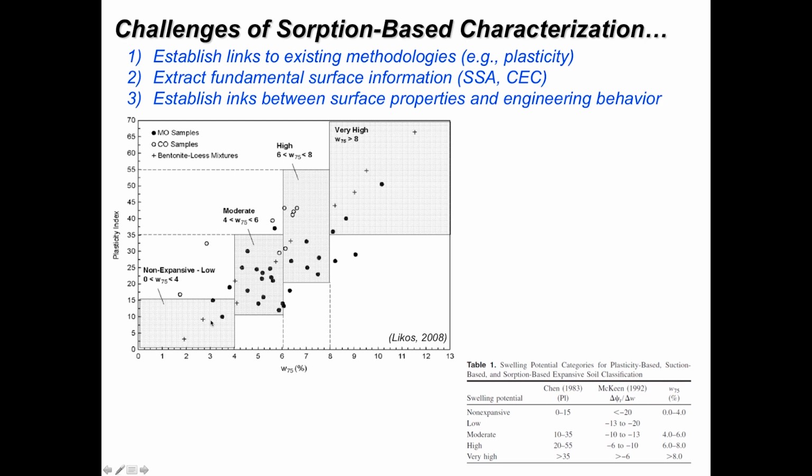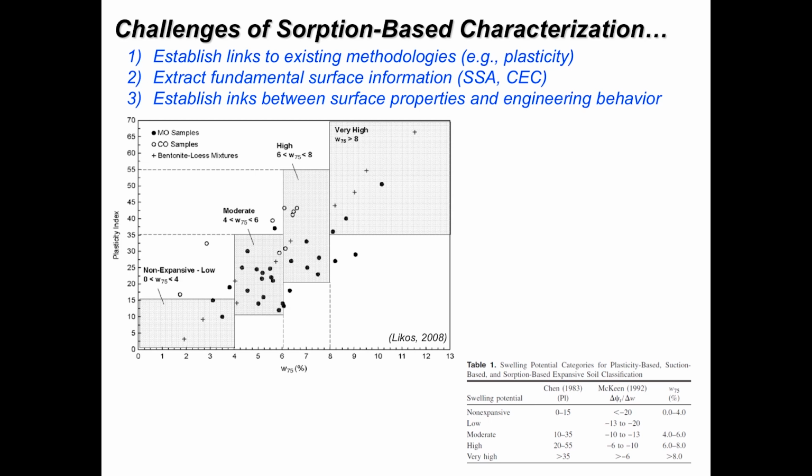By bounding the corresponding widths of these boxes to accommodate these data, we could identify ranges of W75 that we're proposing, in this paper at least, as an alternative way to classify expansive clays that's directly linked to at least one of the ways that practitioners are doing this now.